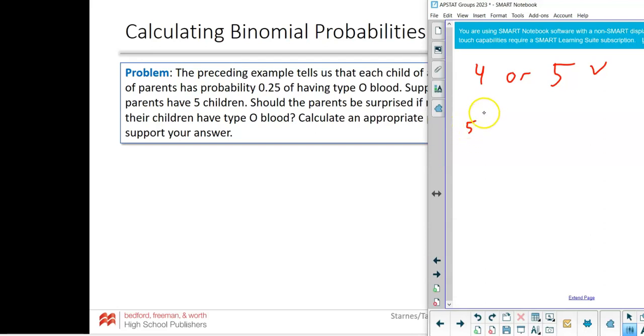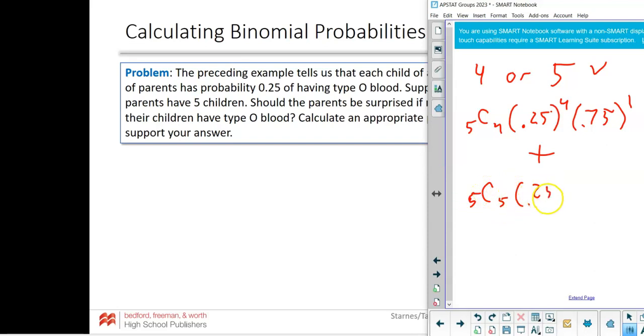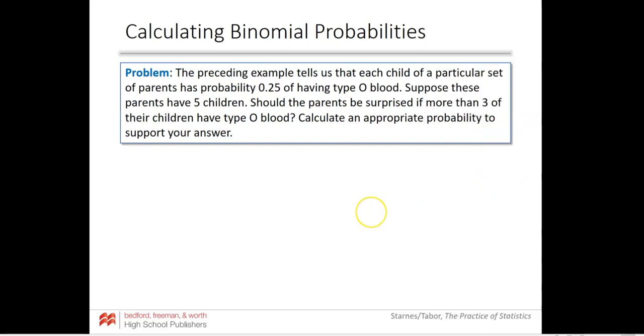So it'd be 5 choose 4 times 0.25 to the 4, I want 4 winners, times 0.75 to the first, plus you're going to add, calculate with 5 there. So this would be weird, 5 choose 5, I think that's 1 actually, times 0.25 to the fifth, and 0.75 to the 0. Anything to 0 is 1, so that doesn't really change things. You're going to add up those in your calculator, and you should get the right answer.